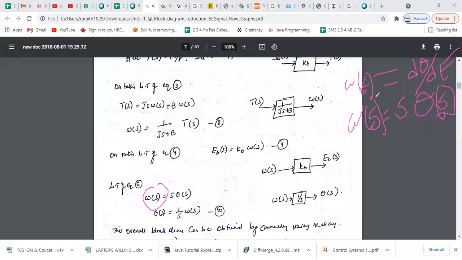If you apply Laplace, omega of s equal to s into theta of s. Is it correct or not? Yes, sir. These two equations, correct or not? Respond, anyone, please.